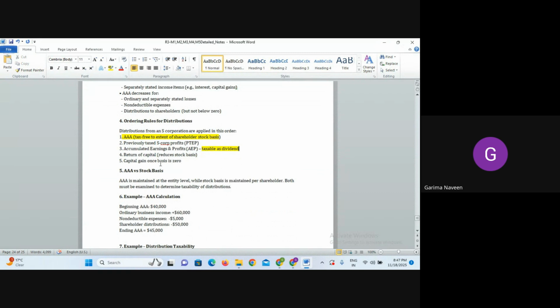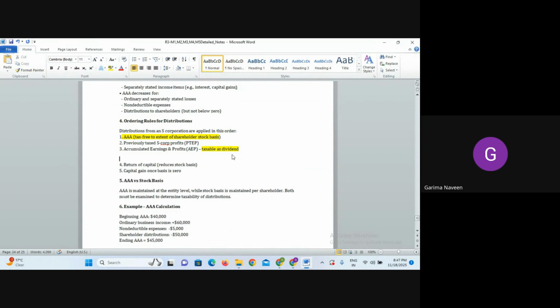Please remember, if you are a C corporation and you are making some distribution, then that distribution will be dividend income to the shareholders up to the amount of accumulated earnings and profits. Next, if you have more distribution, then it will go from your OAA account. If you have an OAA account, it is also a tax-free distribution and reduces your stock basis only.